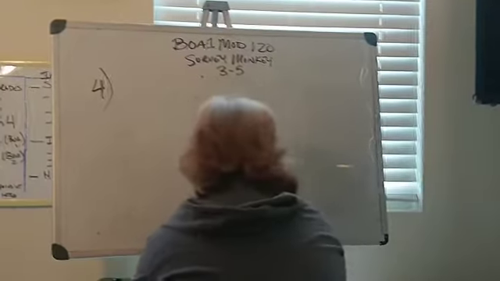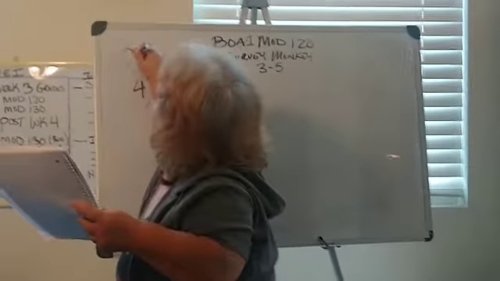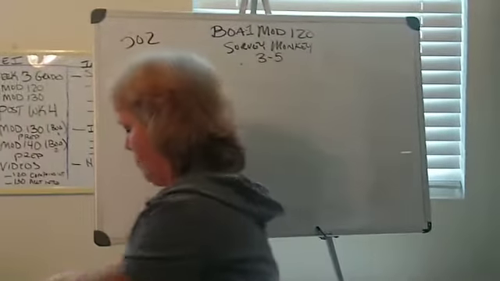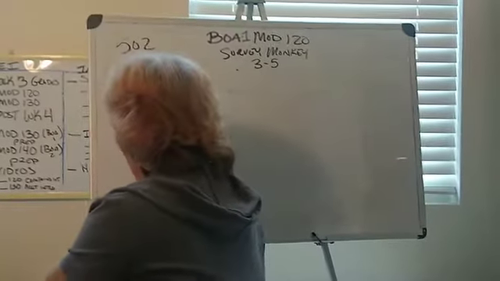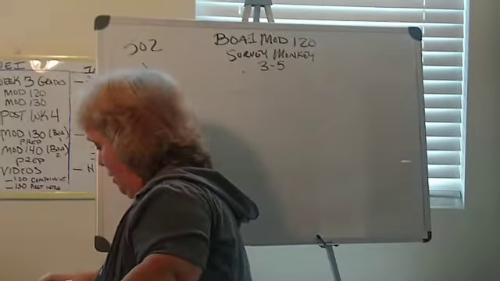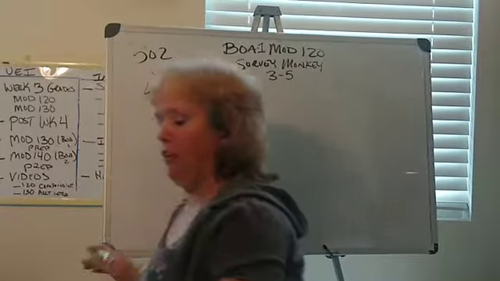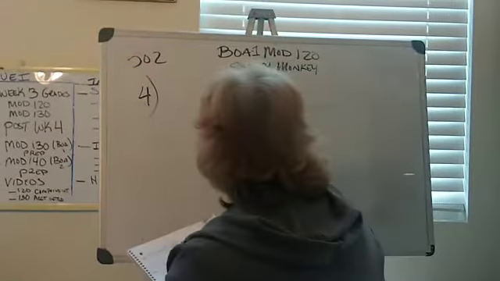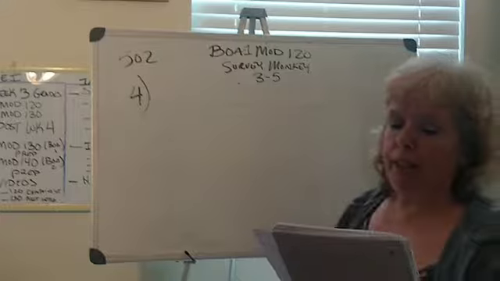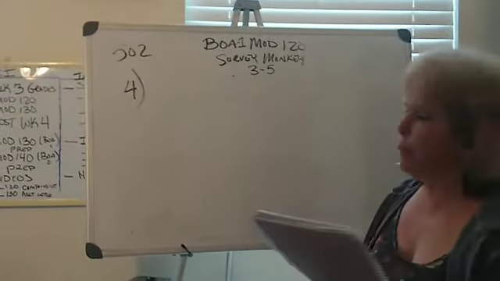So let's go to number 4. Four can be found on 502. It says, calculate the compound interest on the following, and what will the balance be?